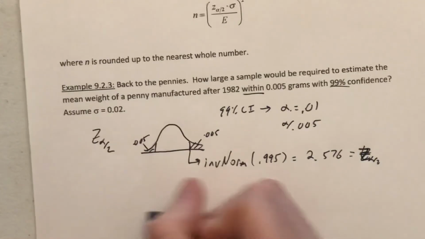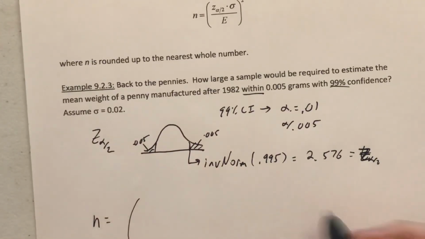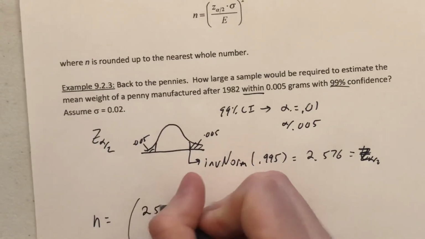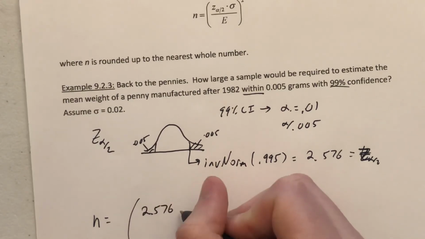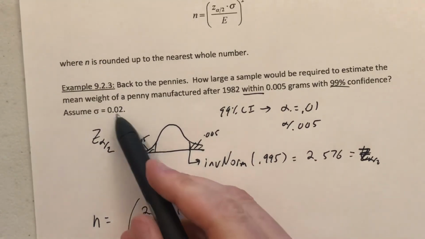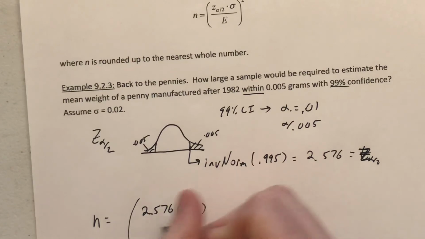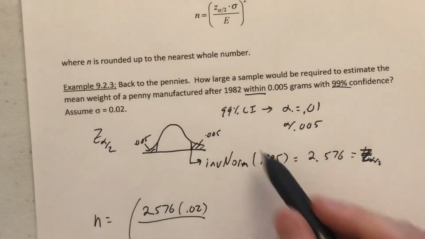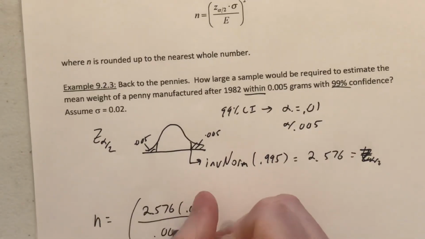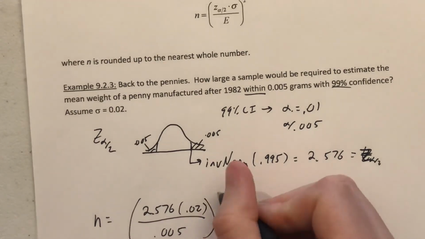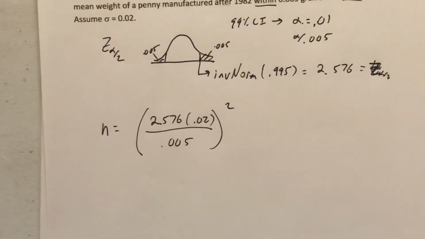And then we can plug everything into our formula. So sample size is the z-score, 2.576, times our assumed population standard deviation of 0.02, divided by the margin of error. We want to be within 0.005, and then that whole thing should be squared.